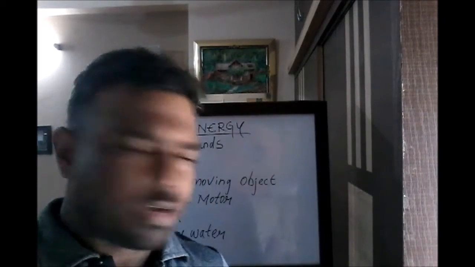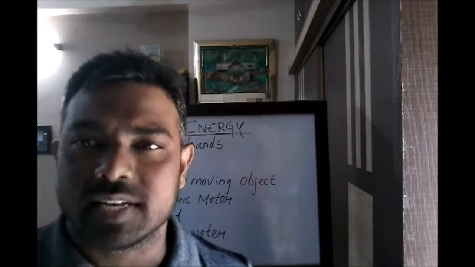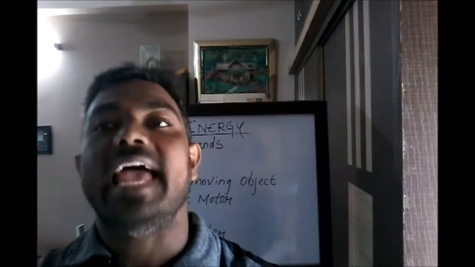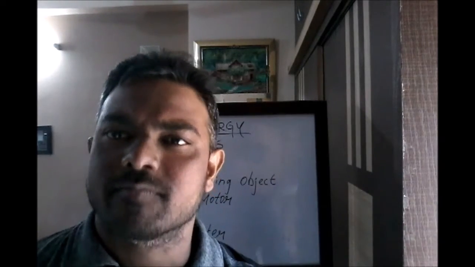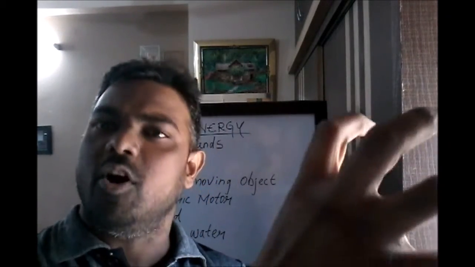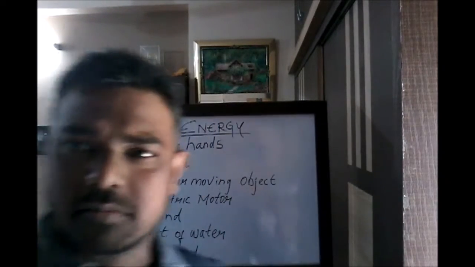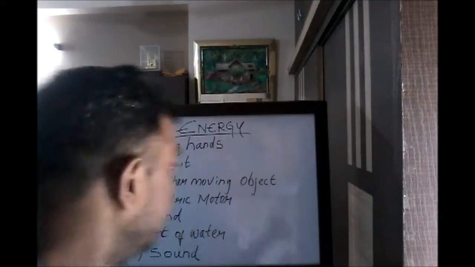So all these different ways in which we can move an object can be deduced to a system of a pull or a push and energy. Using hands, well, I can pull or push using my muscular energy. Dropping it, it's a pull from gravitational potential energy.